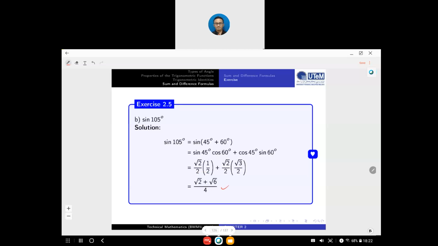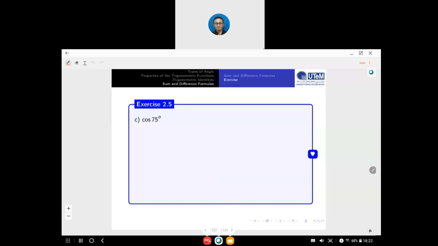And then question C, cos 75. Cos 75, also the same thing, 45 degrees and 30 degrees. Then use the cos formula. What is the cos formula? So you can get cos 45 cos 30, because this one is plus, it becomes minus, and then sine 45 times sine 30.